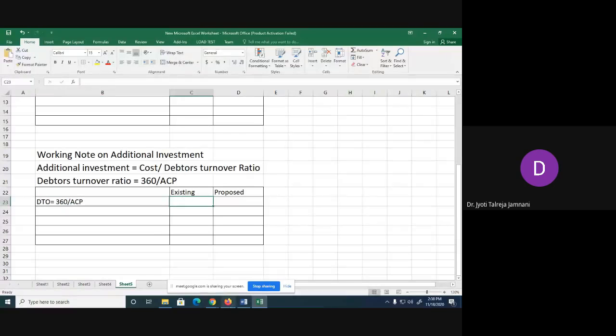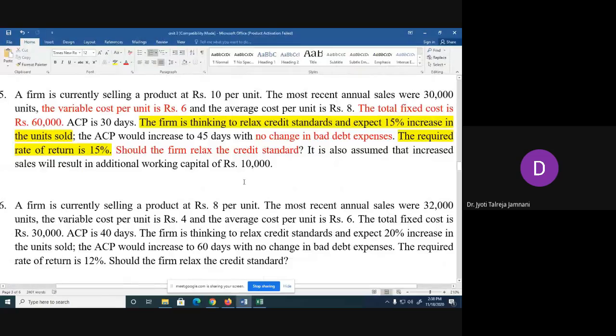Let's go to the question and see what is the average collection period. The average collection period would increase to 45 days. See here, first the average collection period is 30 days, and now it is increasing to 45 days. So these are the two average collection periods that we have to keep in mind while solving.